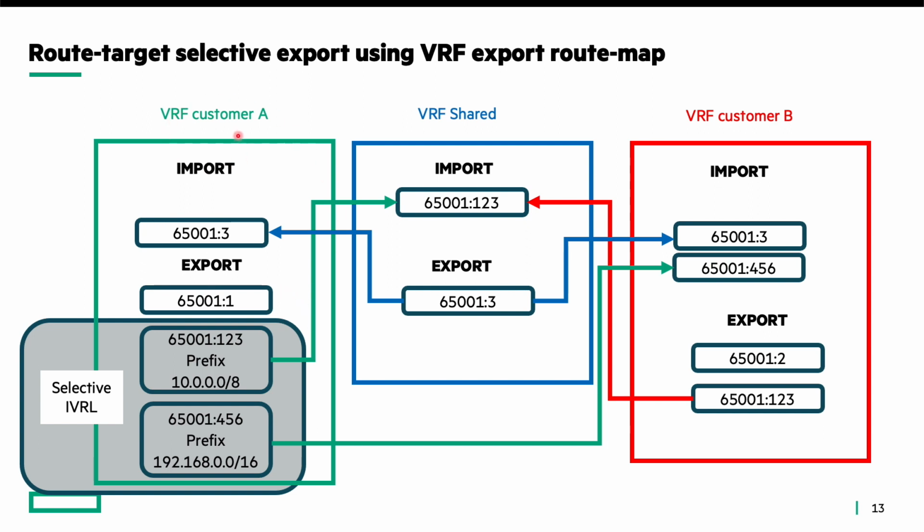Let's say the customer A green VRF is the egress VRF leaking the routes. It will leak routes to the shared VRF, the blue one, and the customer B VRF, the red one. For any reason, the 10.0.0.0/8 will be exported to the shared VRF, but the 192.168.0.0/16 will be exported only to customer B.